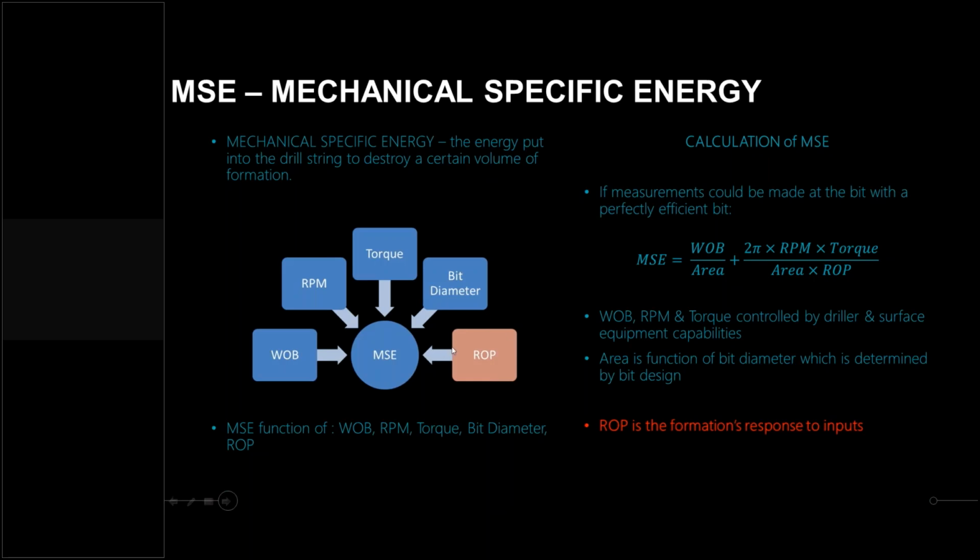Indirectly, one could argue the ROP is an indirect response mechanism to changes in rock. But with all the other things going on in the drill string, I would not say ROP is a one-for-one proxy for rock strength.